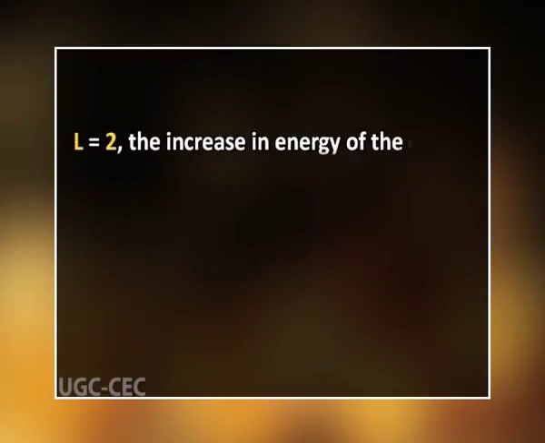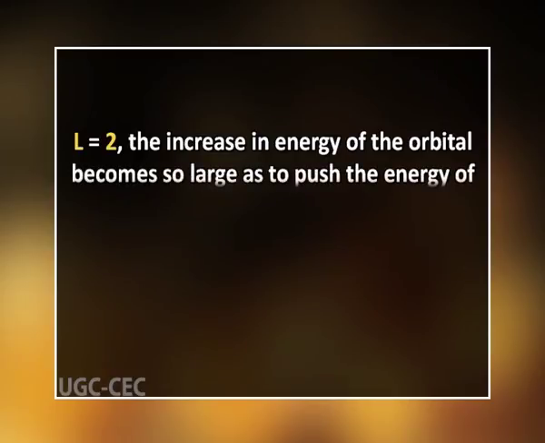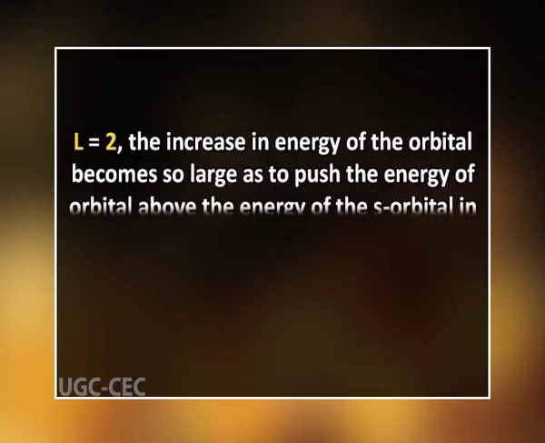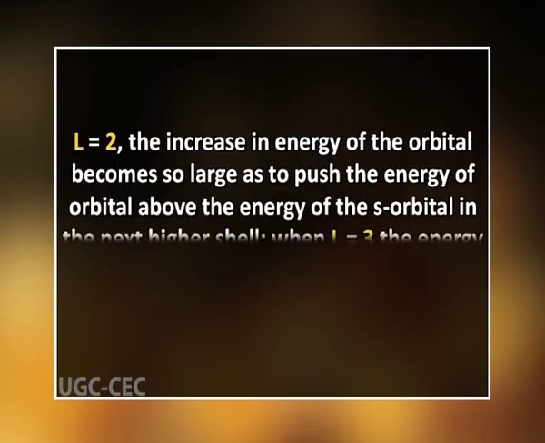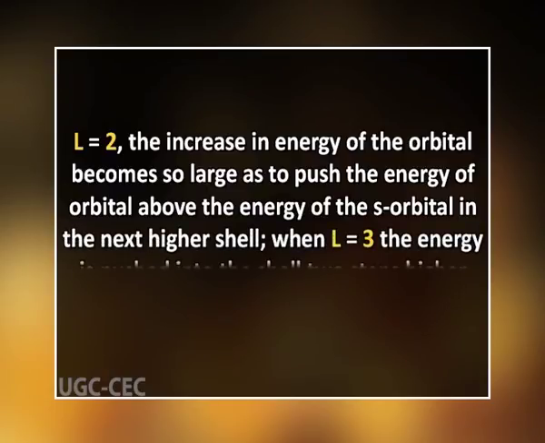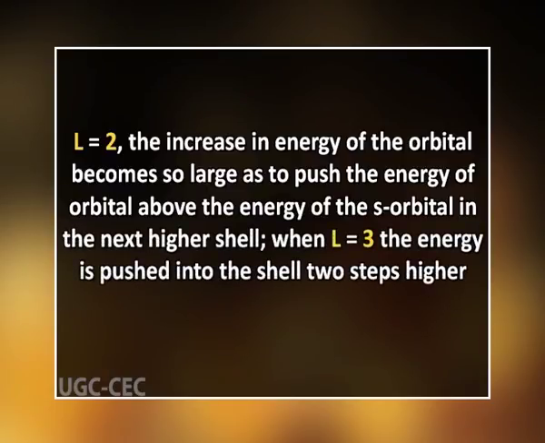When L is equal to 2, the increase in energy of the orbital becomes so large as to push the energy of the orbital above the energy of the s orbital in the next higher shell. When L is equal to 3, the energy is pushed into the shell 2 steps higher. The filling of the 3d orbitals does not occur until the 4s orbitals have been filled.